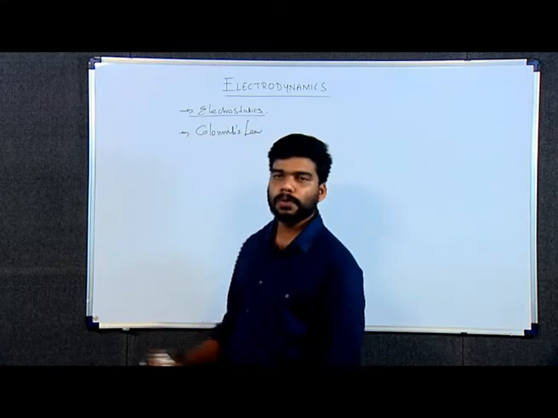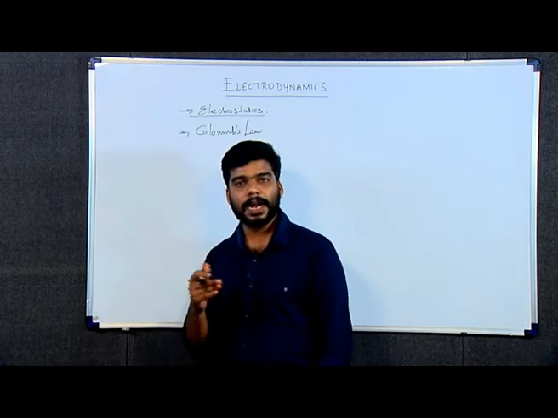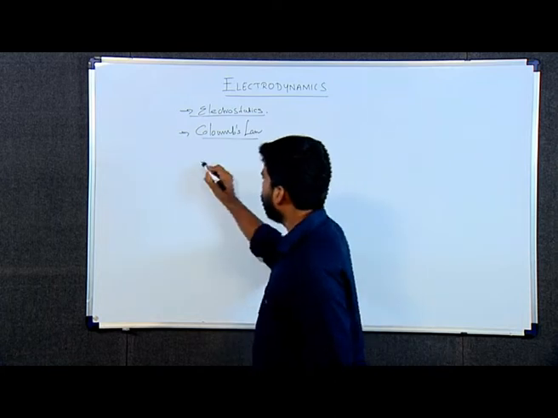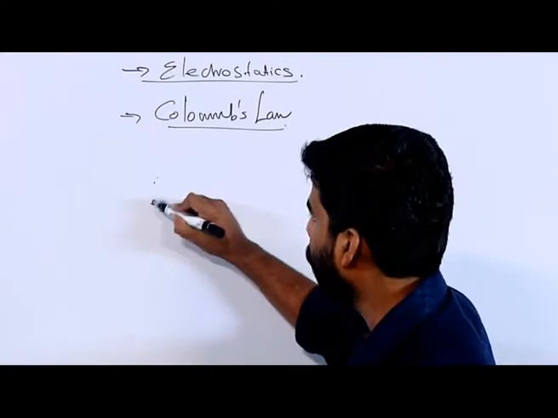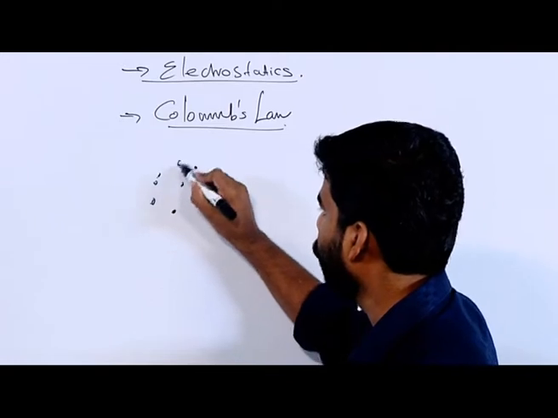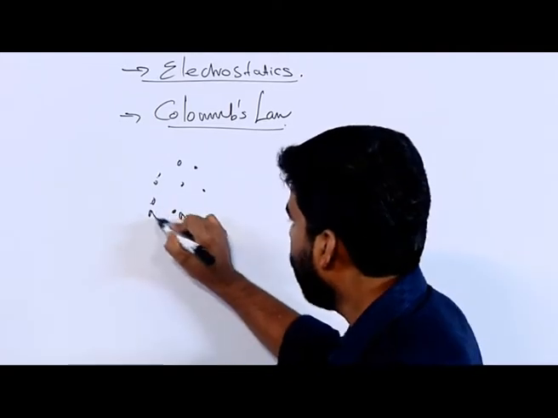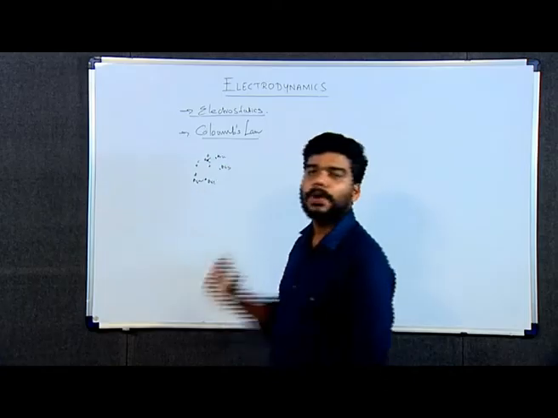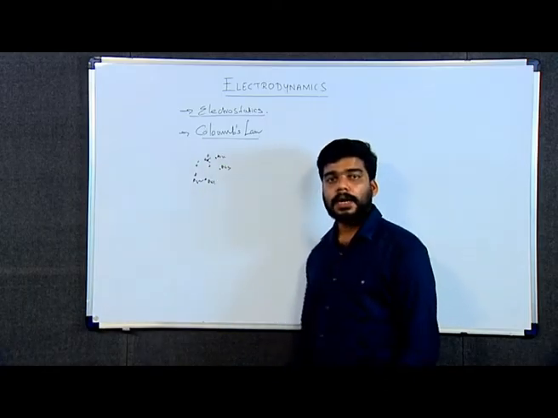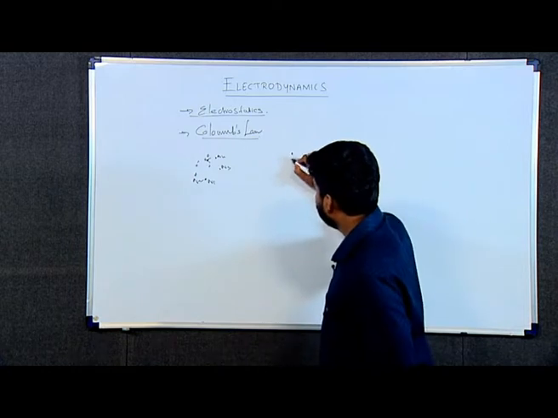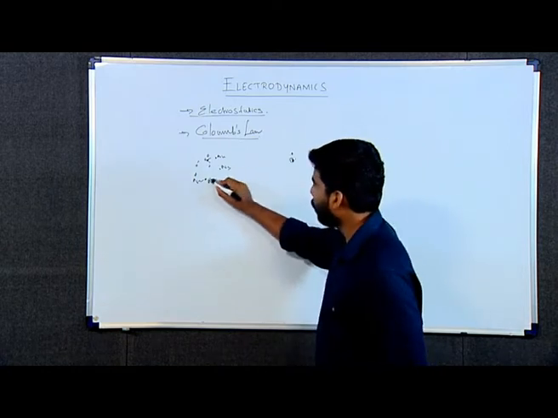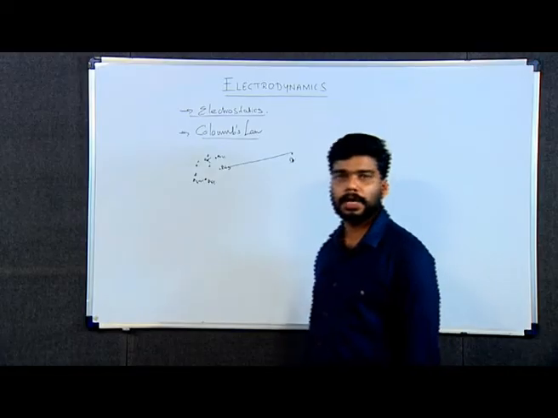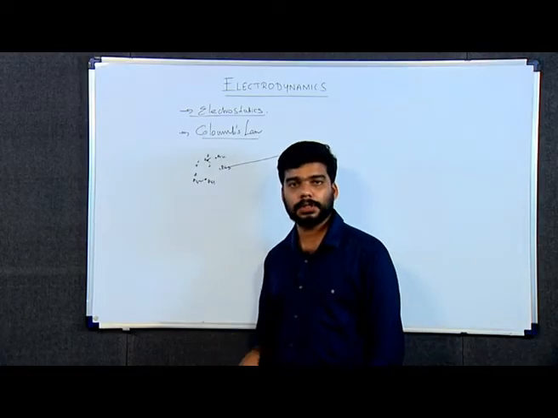What Coulomb's law will do is give an idea of the electric field. So first of all, consider a group or a bunch of charges which are at rest. I name them Q2, Q3, Q4, Q5, etc., so that another test charge which is at a distance r from any one of these charges will experience a force.